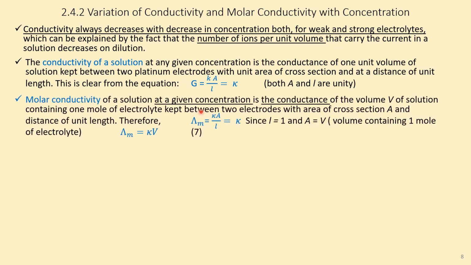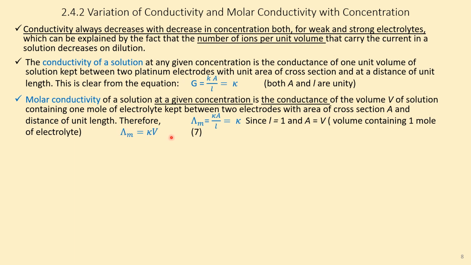Molar conductivity of a solution at a given concentration is the conductance of the volume V of the solution containing 1 mole of electrolyte kept between two electrodes with area of cross section A and distance unit length.